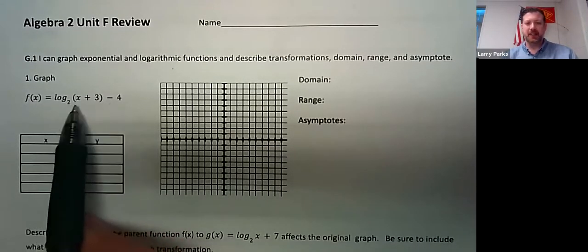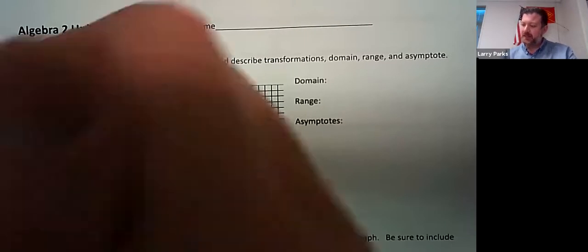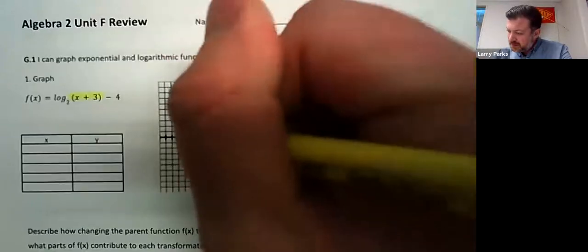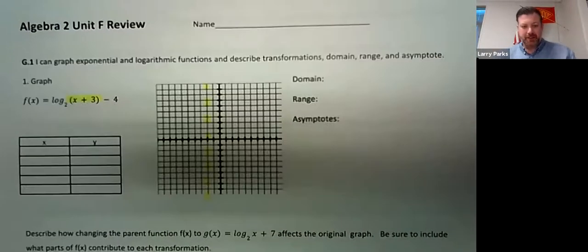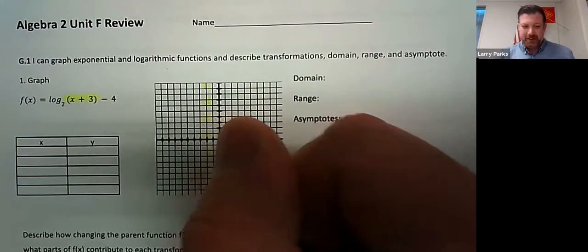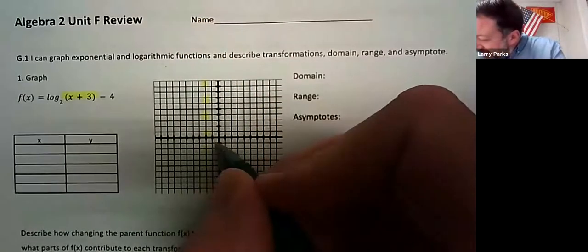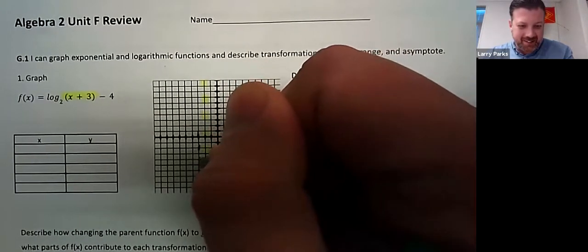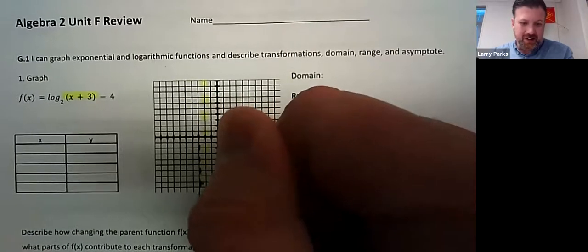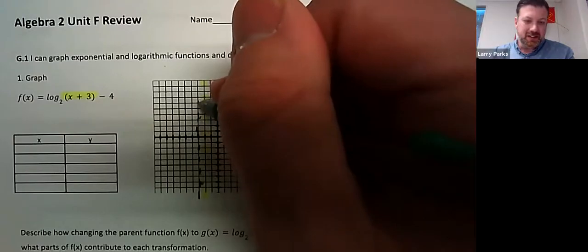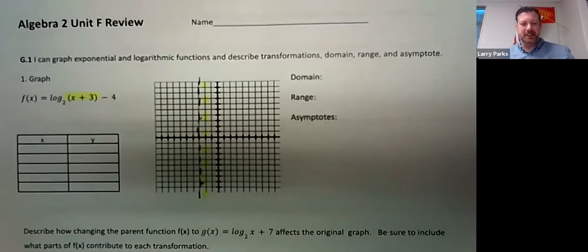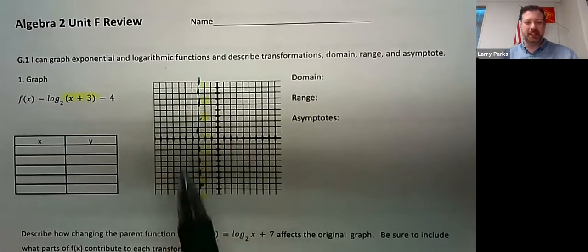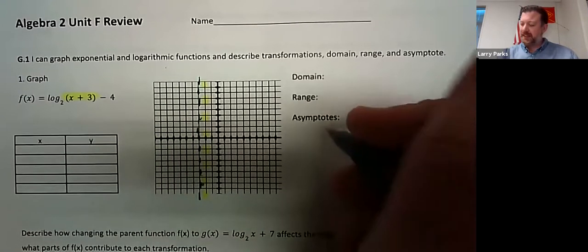Looking at this, what I know from the x plus 3 is that right here at -3, because of the x plus 3, we are going to have what's called a vertical asymptote. And so I would say for this, x equals -3.